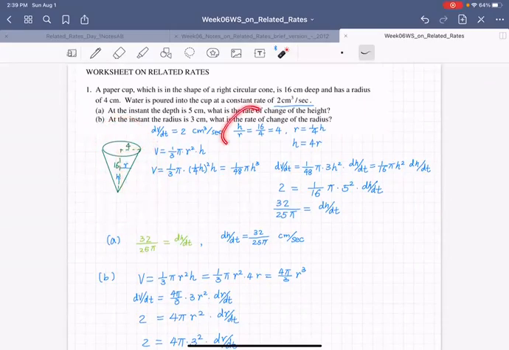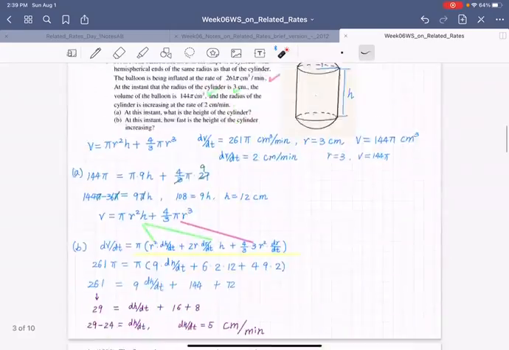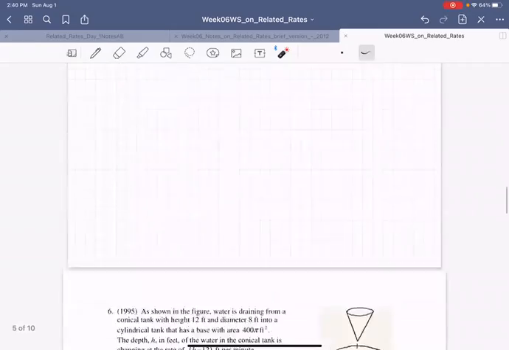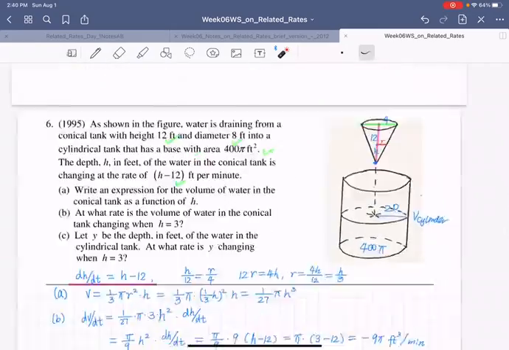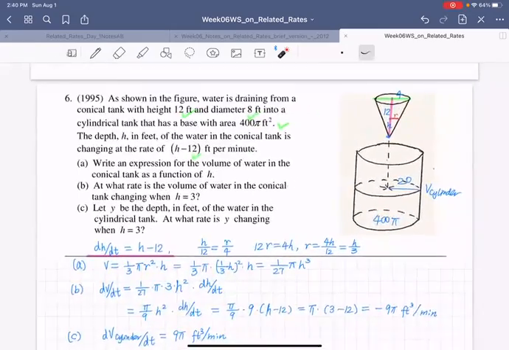You can write the proportion. So triangle similarity, you have h over 12 equals r over 4. You have this equation.